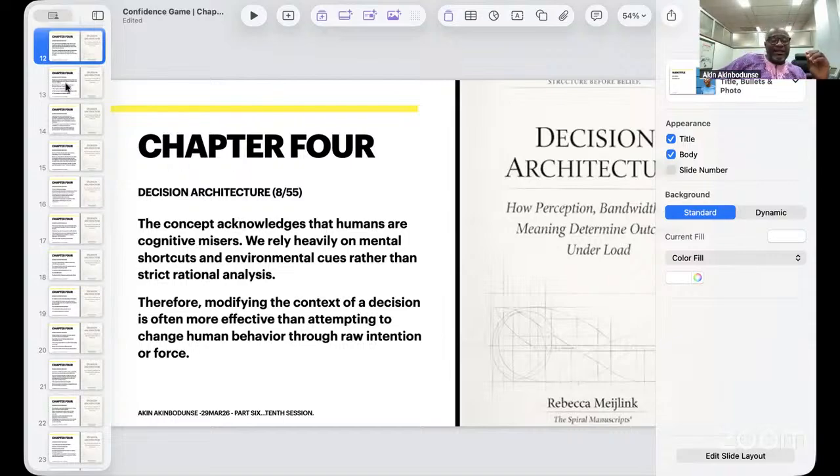So we rely heavily on mental shortcuts and environmental cues rather than strict rational analysis, right? When we're making decisions, we're affected by those seven psychological principles we mentioned here for persuasion.